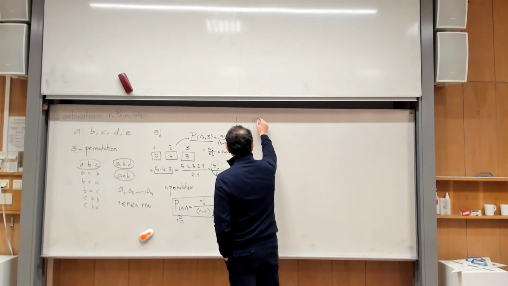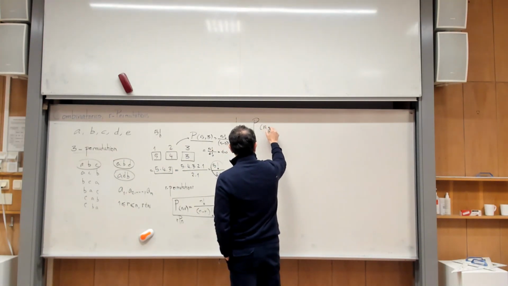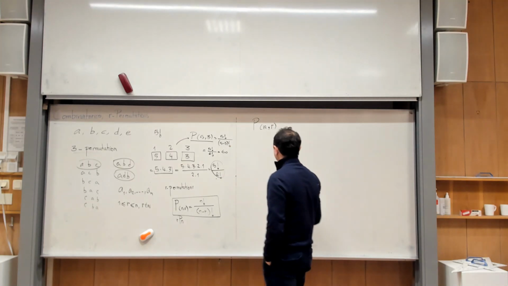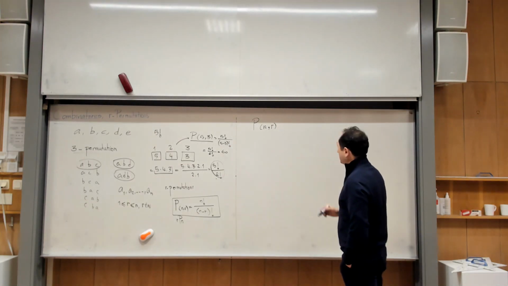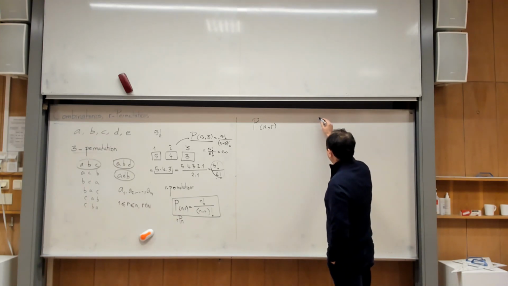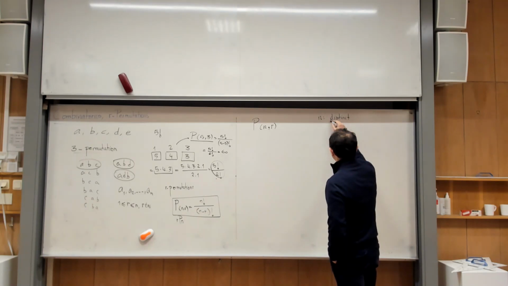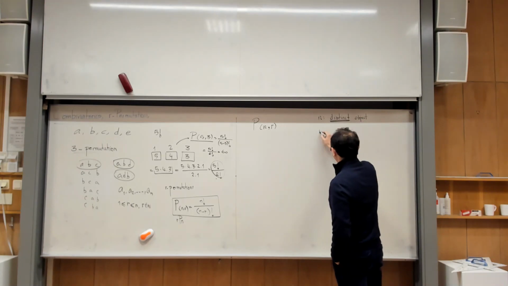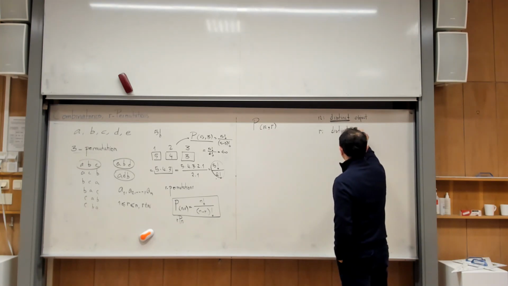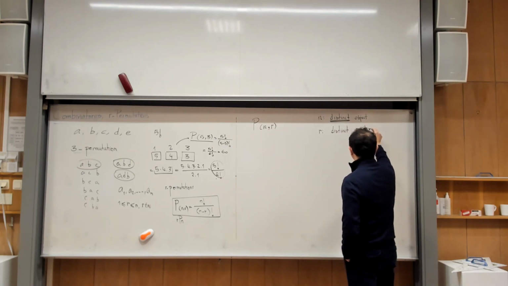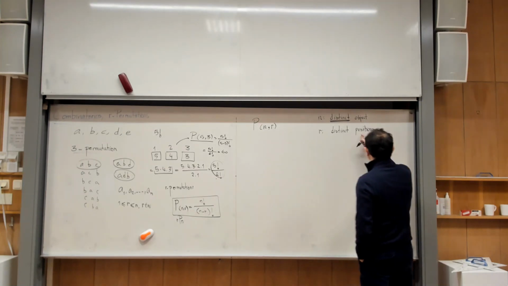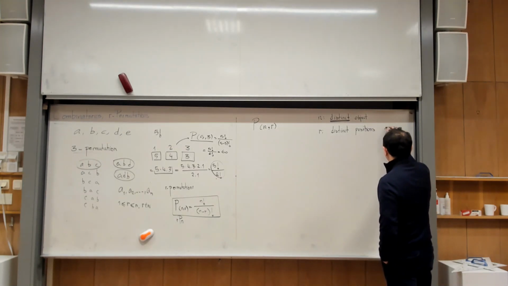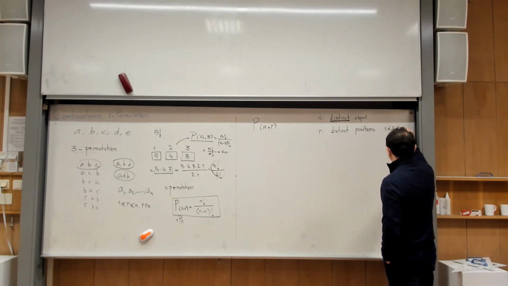So if I want to give you a rule of thumb for when this formula is relevant: when you have n distinct objects, and then you have r distinct positions. Of course, what is r? r is at least 1, at most n.